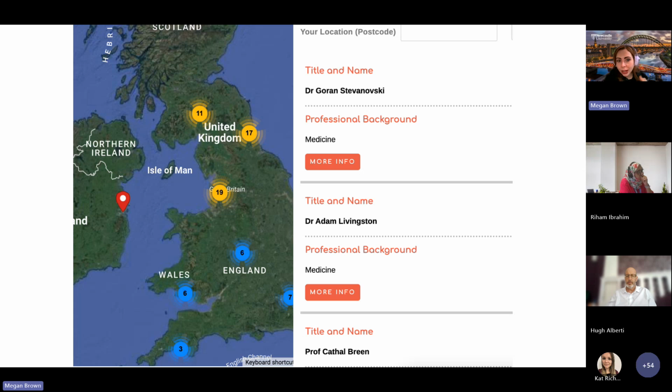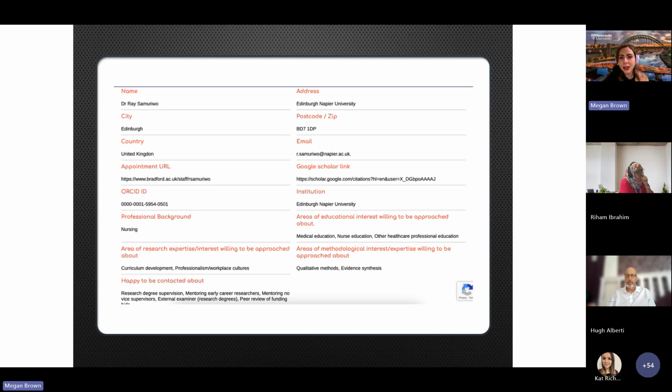And when you click on more info, so I go, oh yes, that person seems really interesting, I'm going to find out a bit more about them. You'll not only be able to see who they are and where they're based, you'll be able to access their ORCID ID. For those who aren't familiar with ORCID, that's a platform that collects people's research outputs. And so you can access their papers and see what type of research that they're doing.